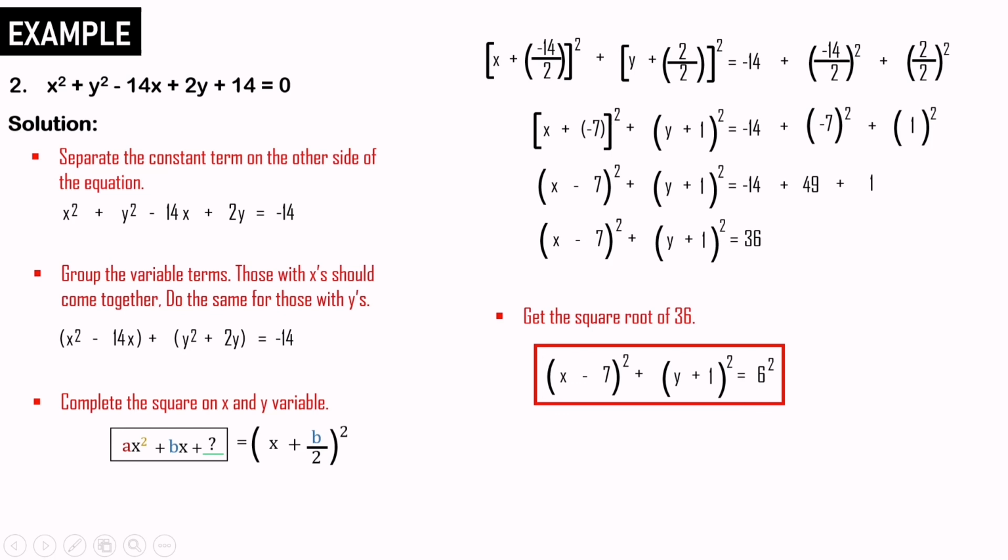So our center is clear. Our center is at h, k, with y minus k, so therefore negative 1. So the center is at 7, negative 1. And our radius is 6 units.